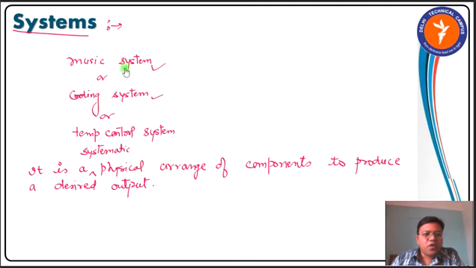Now let us see why we call a system a music system. Let us see this example. Say we have a mic, and this mic is given some voice signal.